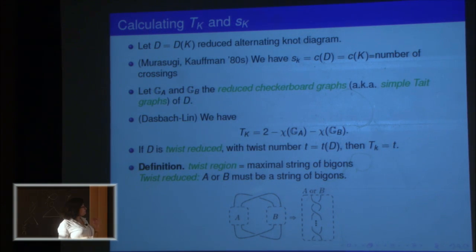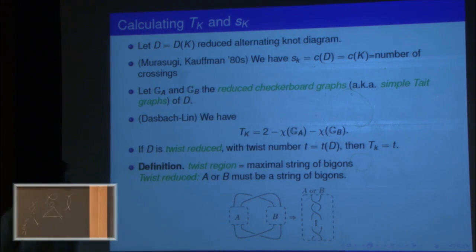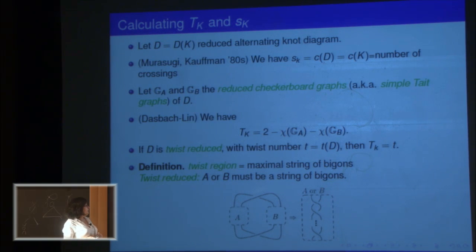But actually, if you are interested just in getting this information of the diagram, you can do a little bit better. What you can do is, if your diagram is twist reduced, and remember that was defined, basically you can't reduce the number of twist regions by transforming crossings across blobs like that.